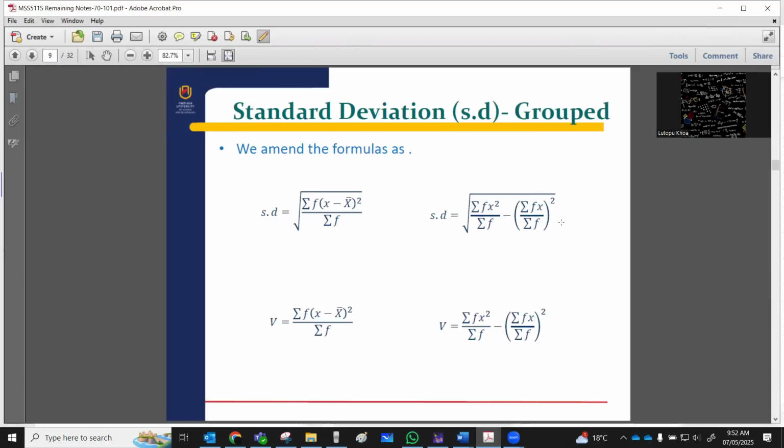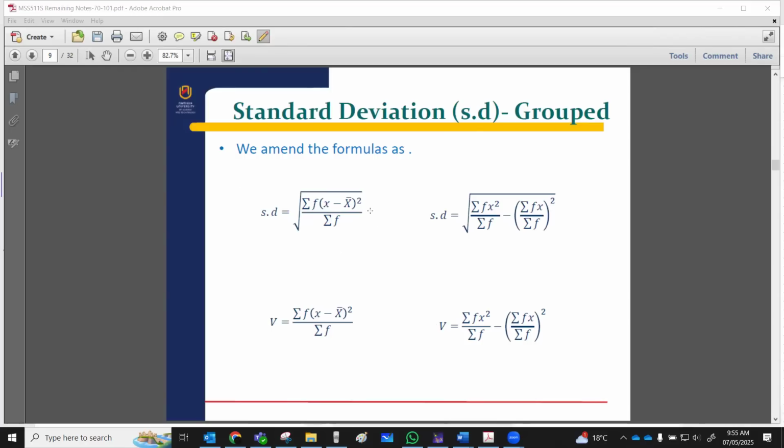So when the data is grouped, we use a similar formula. So with the group data, the formula is a little bit similar.